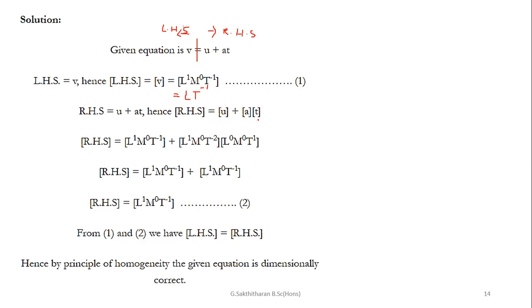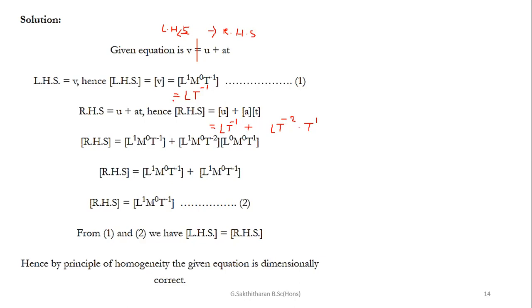Here u and at must have equal dimensions. The dimension of u is LT minus 1. The dimension of the acceleration a is LT minus 2, multiplied by T, so we get T to the power minus 2 plus 1, and finally LT minus 1.